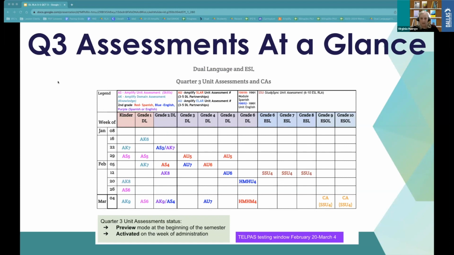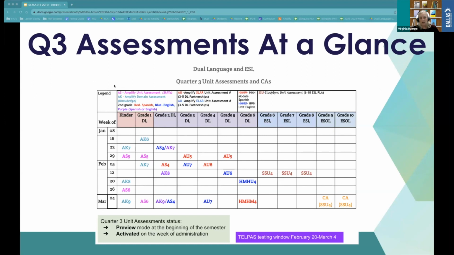Okay, so the quarter three assessment at a glance can be found in the blueprint document, which is whenever you have an assessment, right? Please note that all assessments will be on preview mode. We are receiving lots of questions regarding that. So from the beginning of the quarter till the week of the assessment, it is always going to be in preview mode. So your students will not have access to take it online.